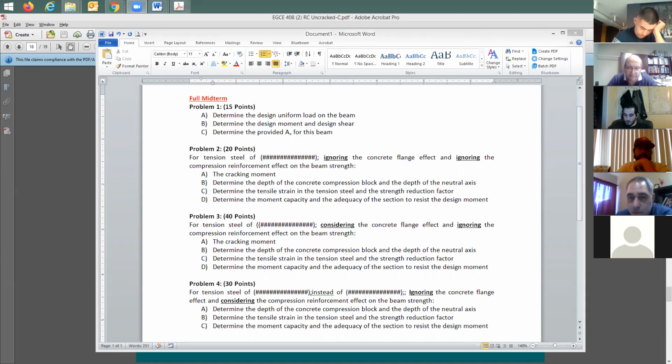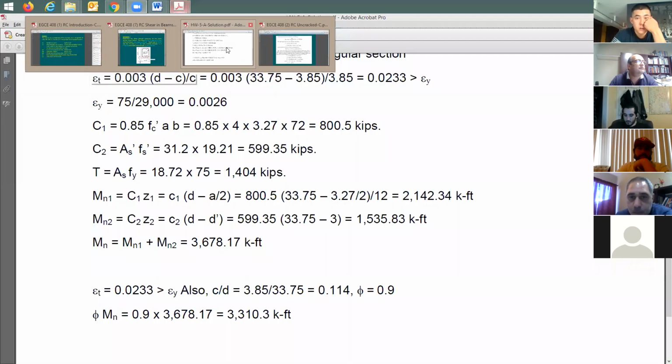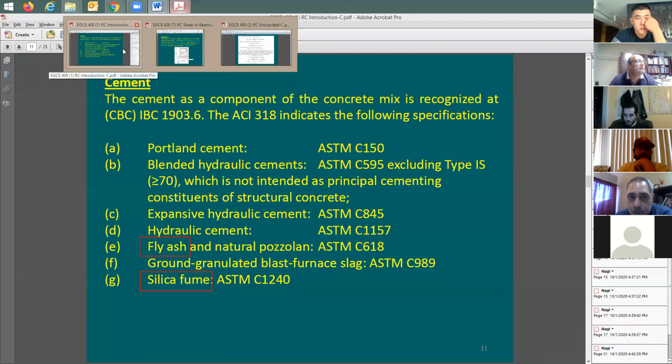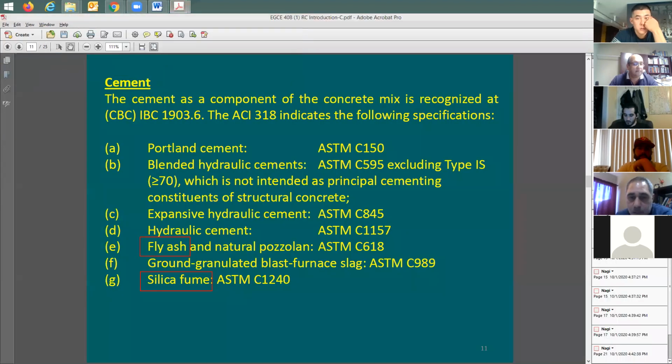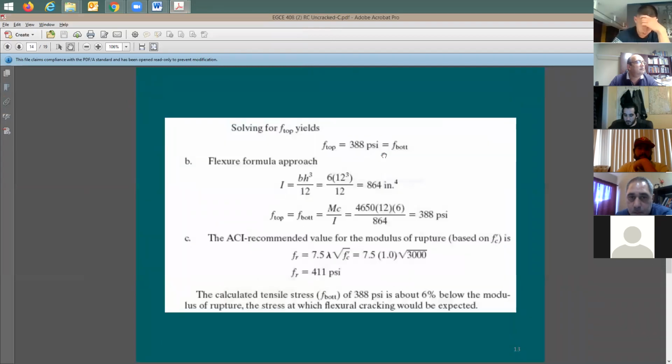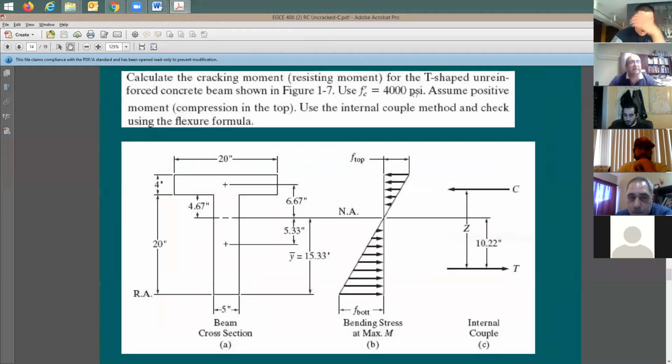And then, Professor, for problem 2, just to clarify, when it says ignoring the concrete flange, that means it's rectangular? Yes. Let me share this. This here is a T section, right?